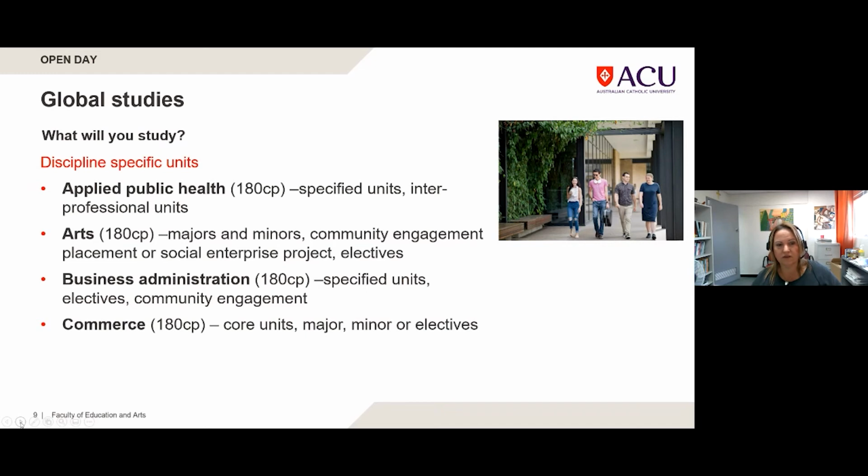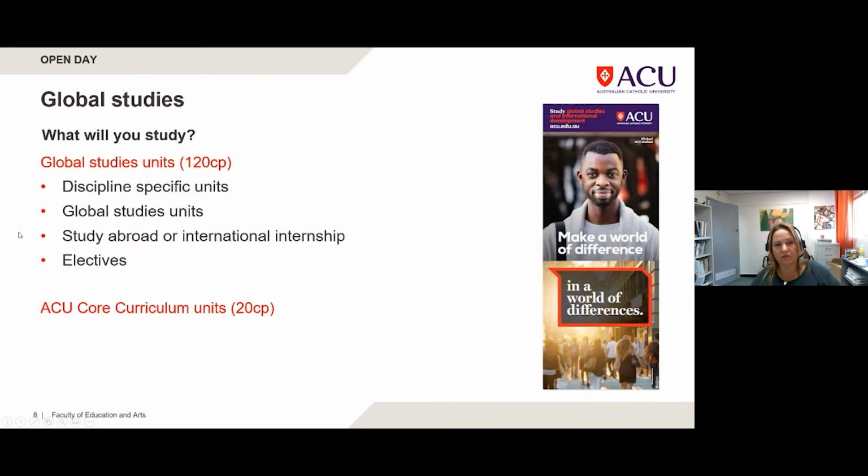Now I'm just going to skip this slide for a minute. I have talked about all the disciplines that you could do as part of the double degree. Suffice to say, what you'll notice here is for each of the disciplines, whether it's arts, business, commerce, applied public health or theology, the global studies side of the double degree is 120 credit points plus 20 credit points from ACU core units, so 140 credit points all up.